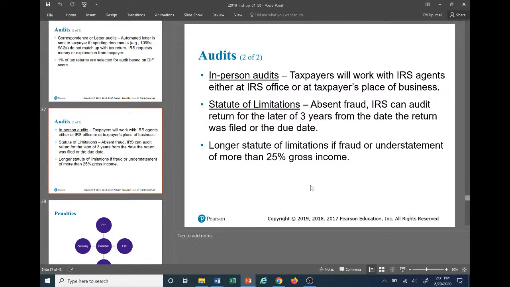And once again, 6 years if it's more than 25% of gross income being omitted on your tax return, and if it's just, oh man, I messed up or I forgot something, it's 3. And just recall fraud, it's indefinite. The applicable statute of limitations may be extended by mutual agreement between the taxpayer and the government.